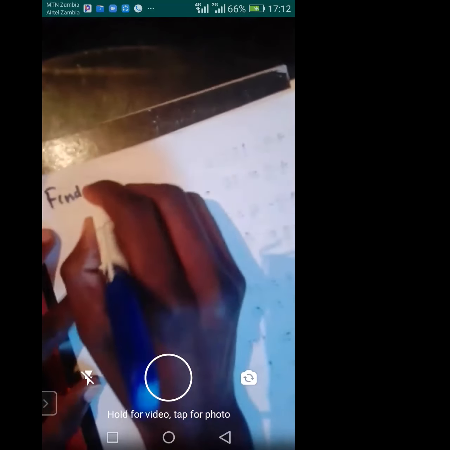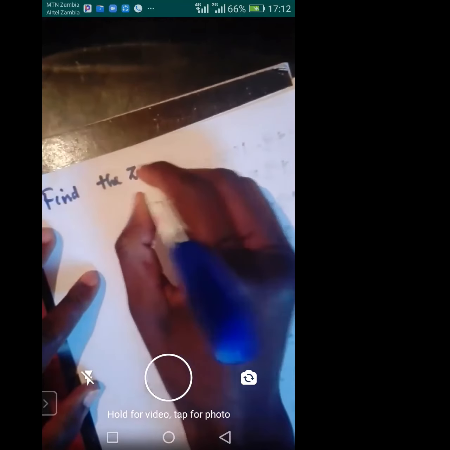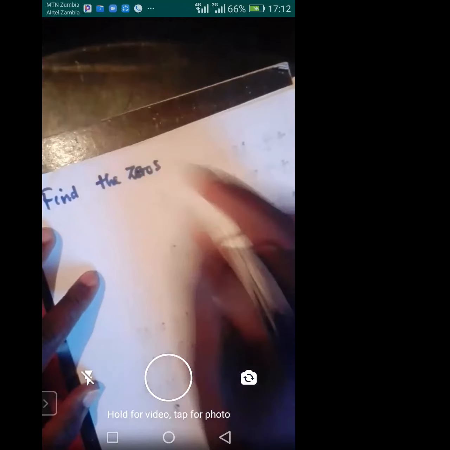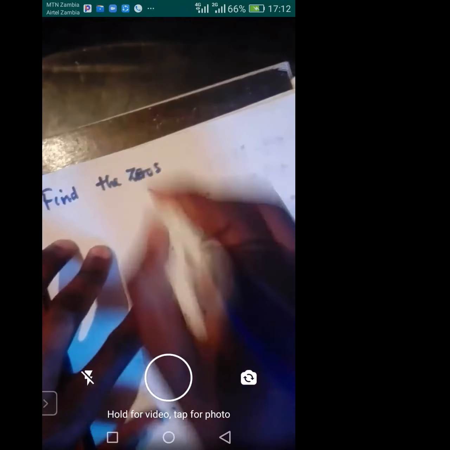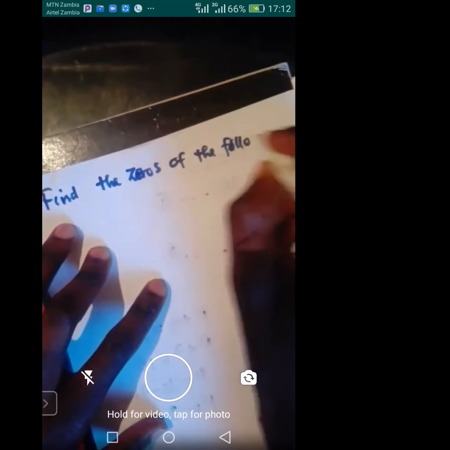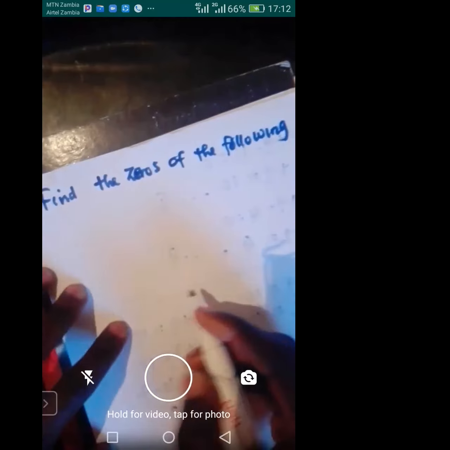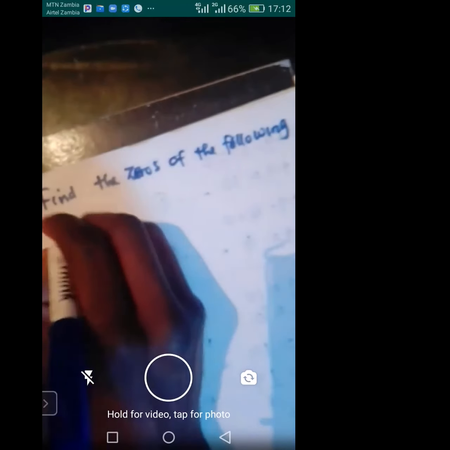So this is another tutorial question, 2018, the same tutorial sheet. So this one is saying, find the zeros of the following polynomial functions.